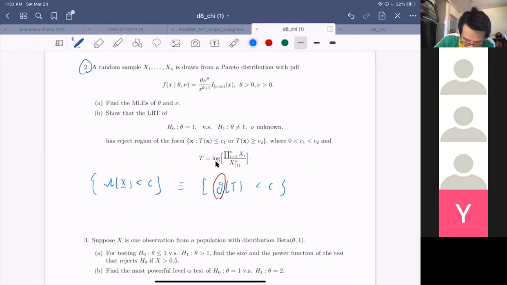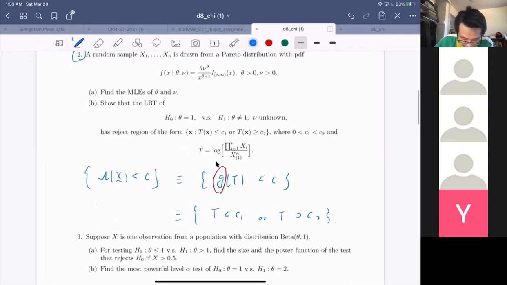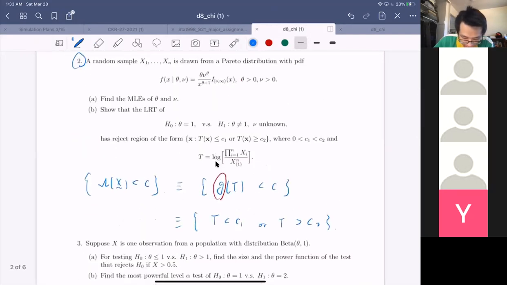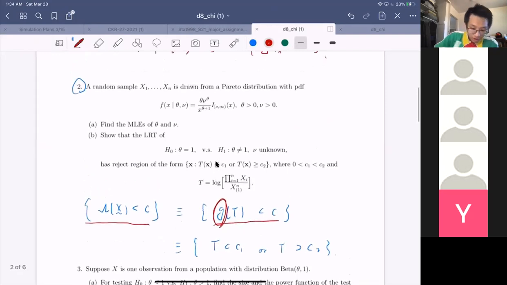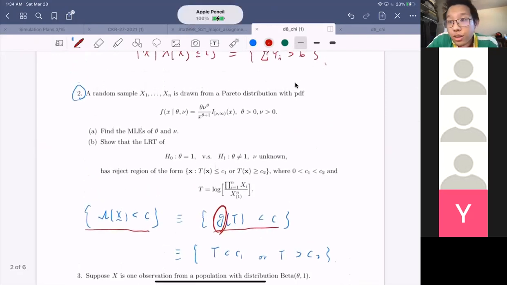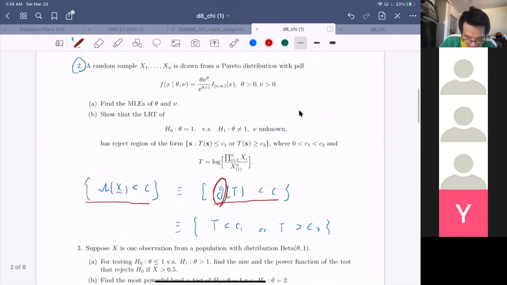And you have to say, because the g has some property, then it's equivalent to t smaller than c1, or t greater than some c2. So I think that is usually the whole point. The first step is to figure out what this is, and reduce it to a form like this. And then you analyze this function. Okay, so let's take about 5 minutes to think about this question.